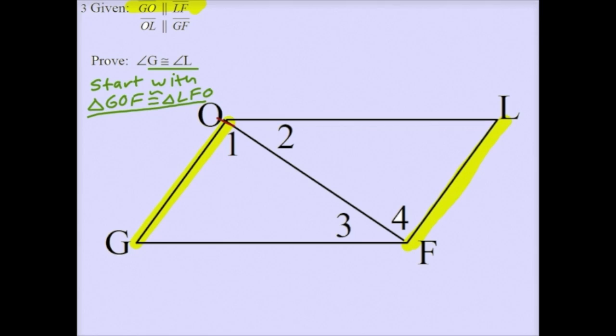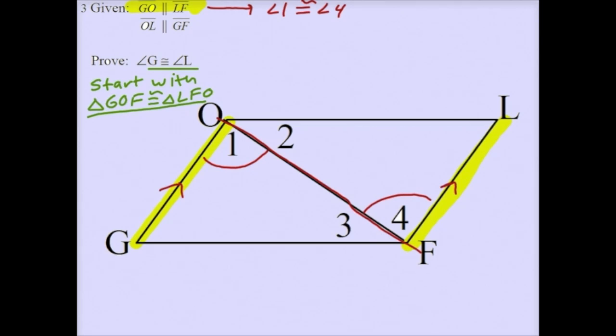Those yellow lines are parallel, and they are cut by this transversal, OF. So if we've got parallel lines here, cut by a transversal, we're thinking about angles. And in particular, the only angles that touch those yellow lines are angles 1 and 4. So GO parallel to LF, that gives us angle 1 congruent to angle 4.